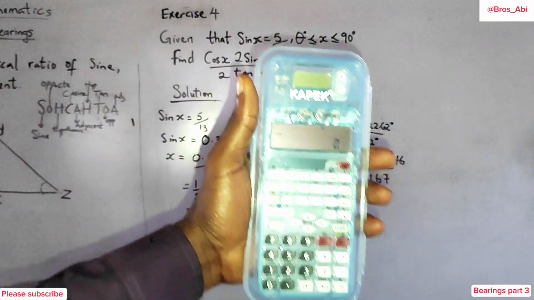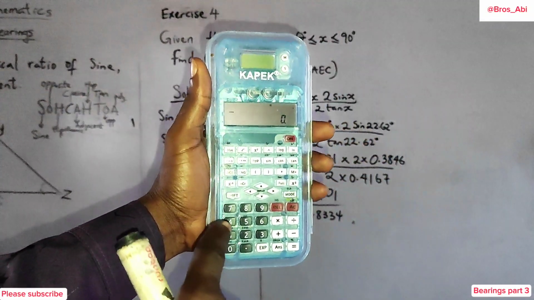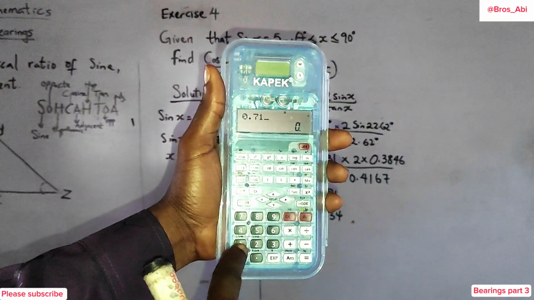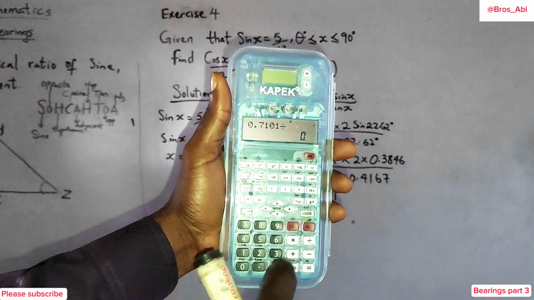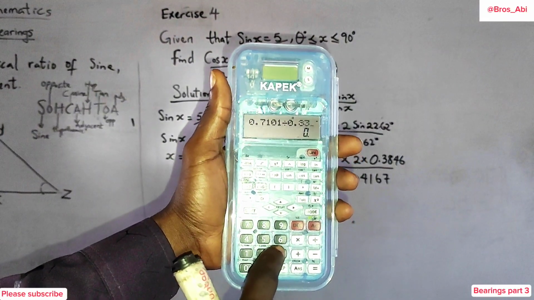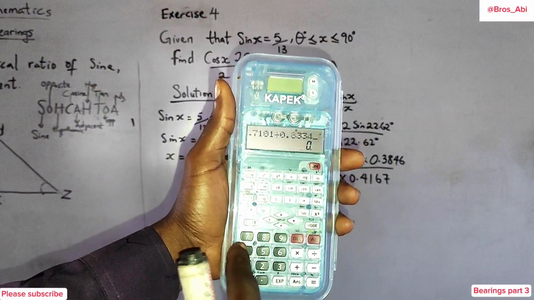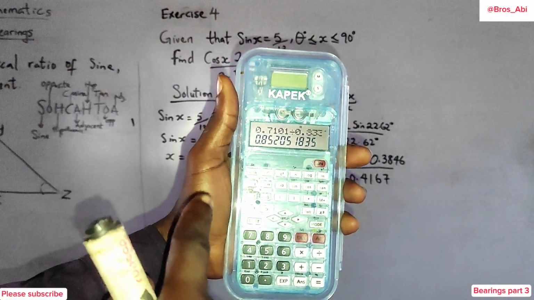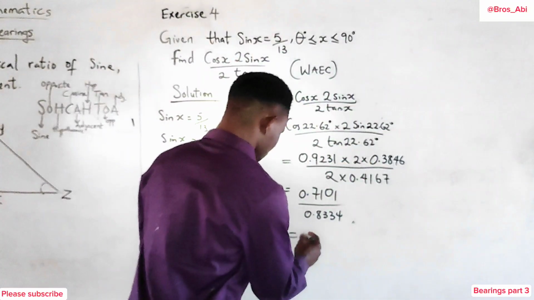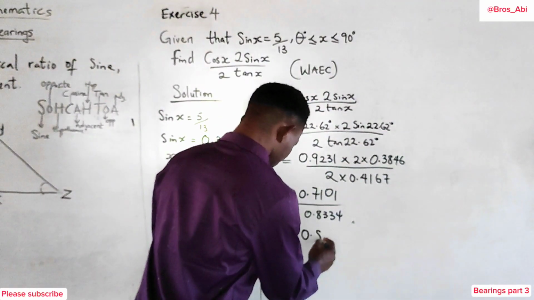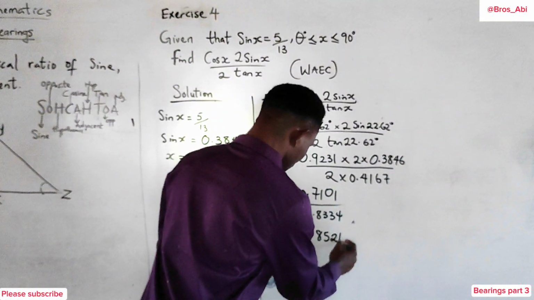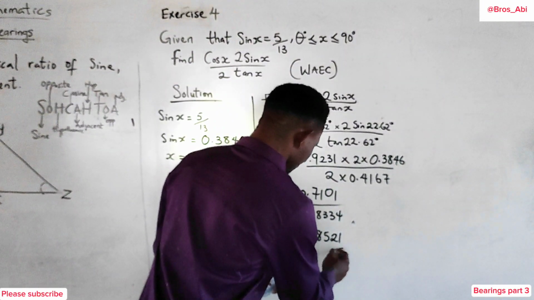And I'm going to divide 0.7101 by 0.8334, which gives 0.8521. 0.8521 is the final answer.